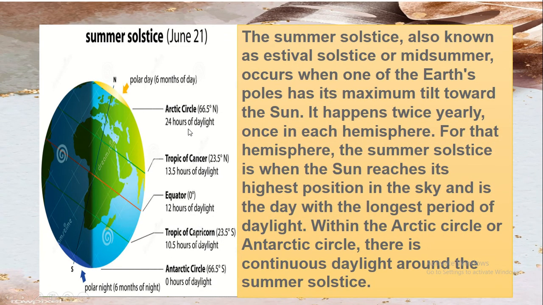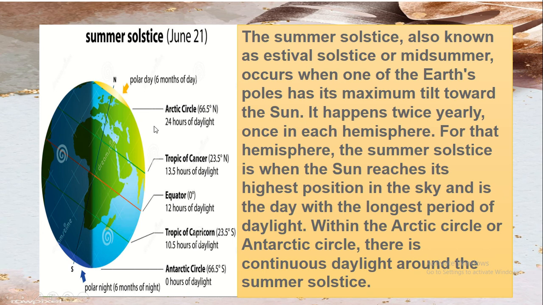And follow about the summer solstice. You know about solstice. Sol means sun and stis means stand still. Now the summer solstice, also known as the estival solstice or midsummer, occurs when one of the earth's poles has its maximum tilt towards the sun.